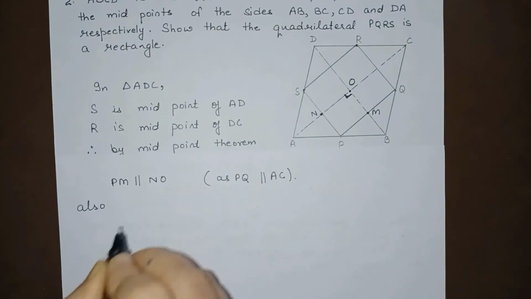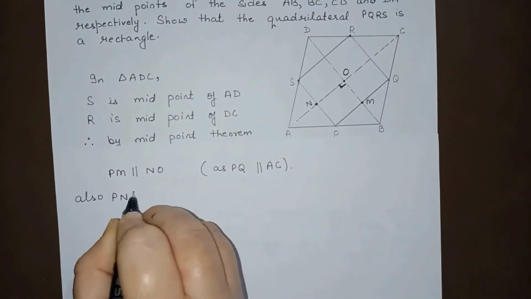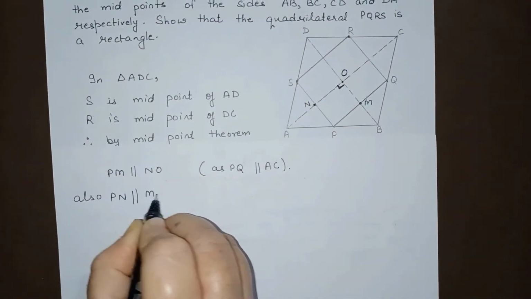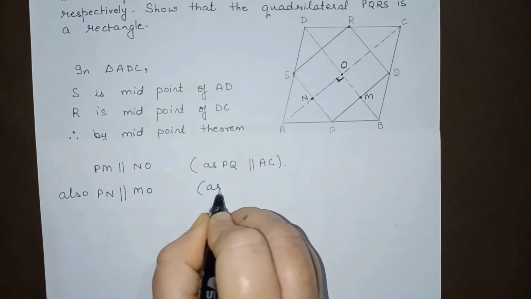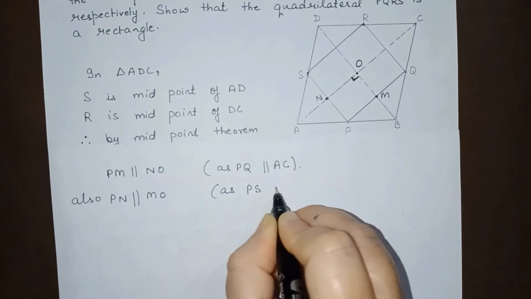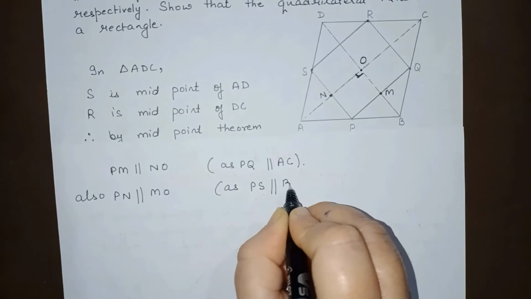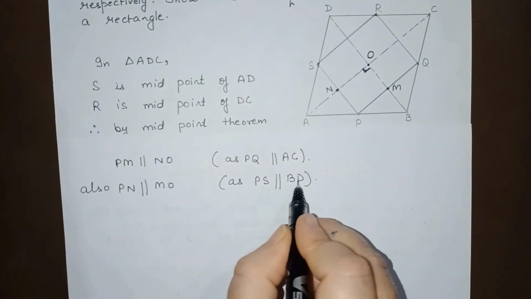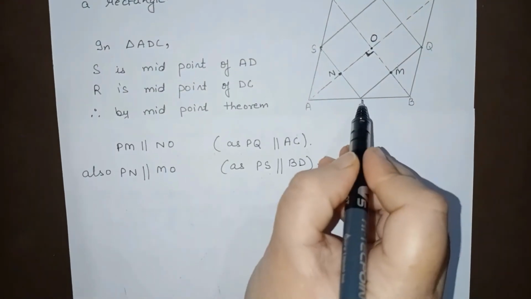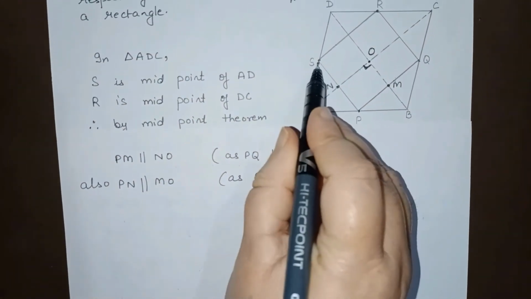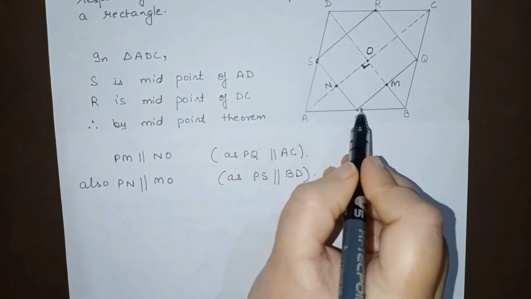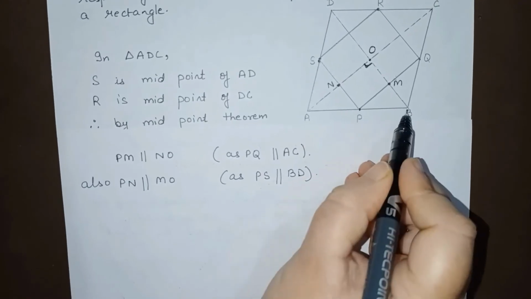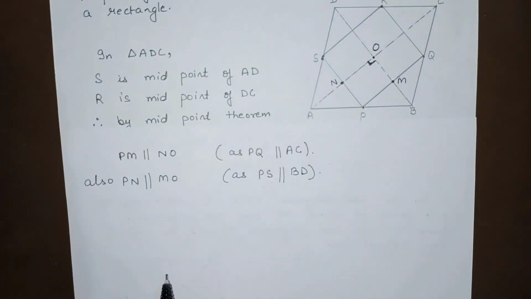Also, PN is parallel to MO as PS is parallel to BD. Again, PS will be parallel to BD as P is the midpoint of AB, S is the midpoint of AD. Line joining the midpoint of two sides of triangle is parallel to the third side.